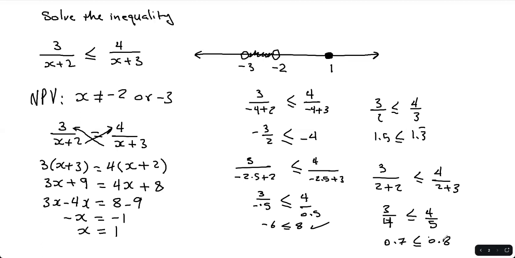Okay, that's definitely true. So you shade in this region. And therefore, your solution for this one, I'm just going to write it here on top, is x is between -3 and -2, or x is greater than or equal to 1.